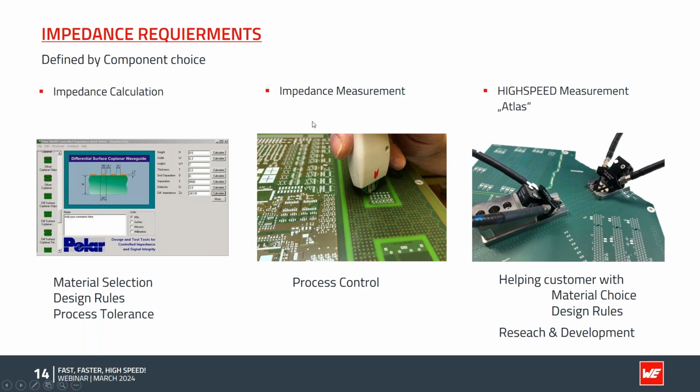If you need more on top, you can order the impedance measurement, that every panel in the production gets measured on your critical signals, and this is helping us very good to achieving a process control. And we will have a focus on a new measurement device, the Atlas measurement system, which can create a very good understanding also for high frequencies, but more on that later.